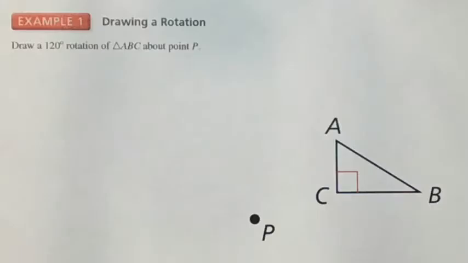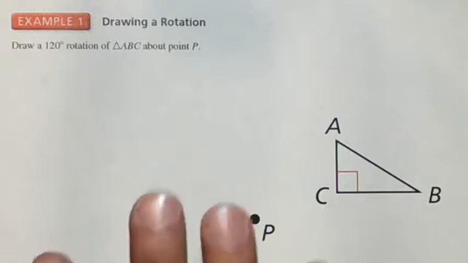Here's example 1, and I'm going to explain the core concept with an example. Here's this point P. We want to rotate it 120 degrees.